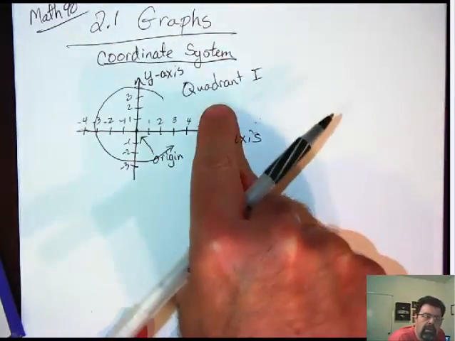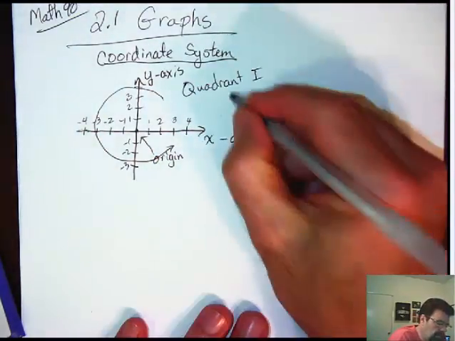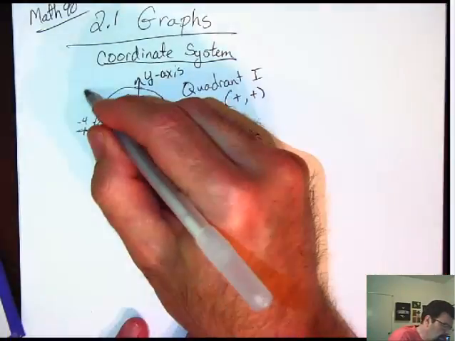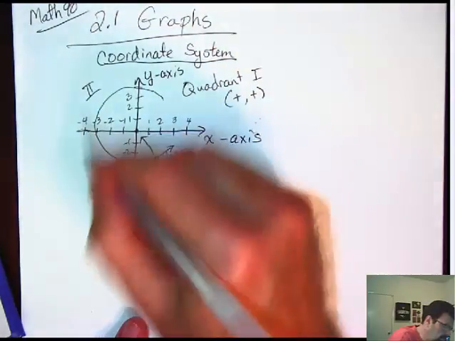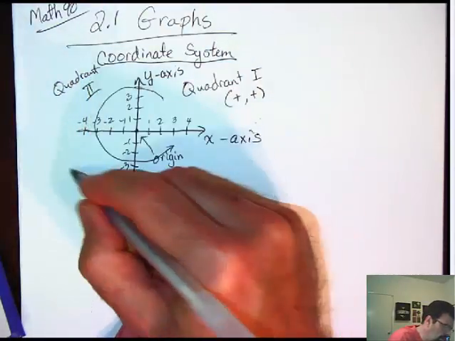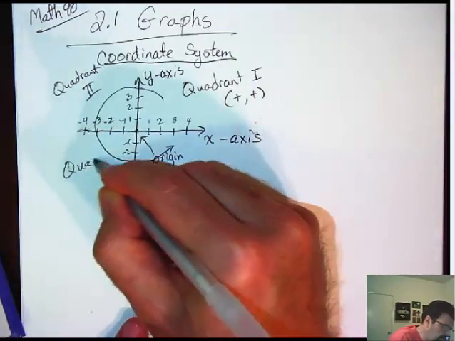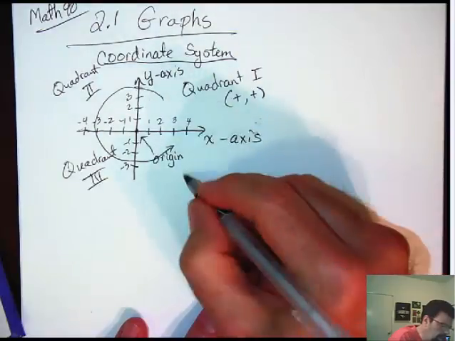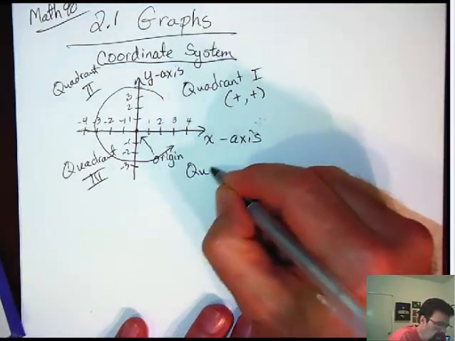So this is quadrant 1, in the positive, positive. Quadrant 2. Quadrant 3. And it's typical that we use Roman numerals when we talk about quadrants.